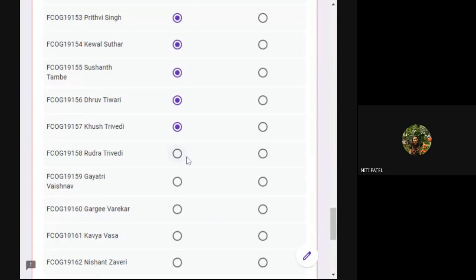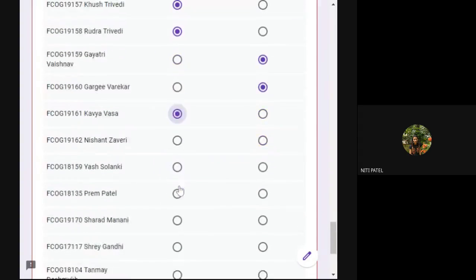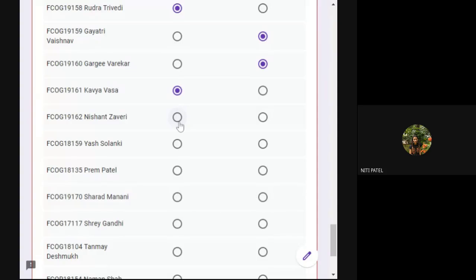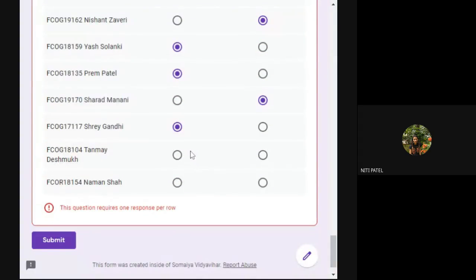Rudra present. Gayatri and Gargi are both absent. Kavya present. Nishant. Yash. Prem. Sharad. Shrey present. Tanmay. Naman.